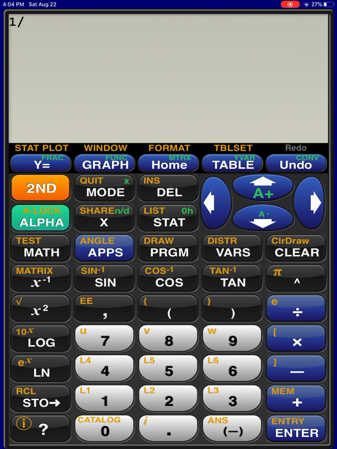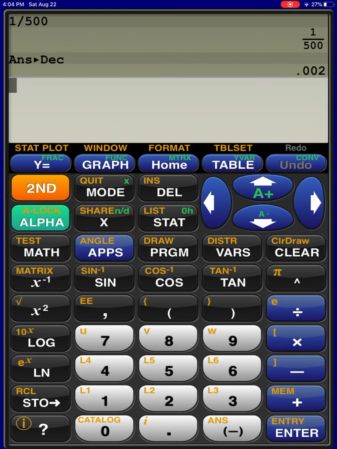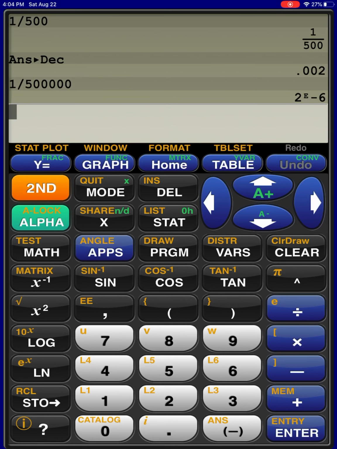Let's say we have a denominator of 500. Can you give me a decimal, please? Thank you. And what if we do 500,000? And what do we get there? I hope you can see that we're approaching 0 rather quickly.